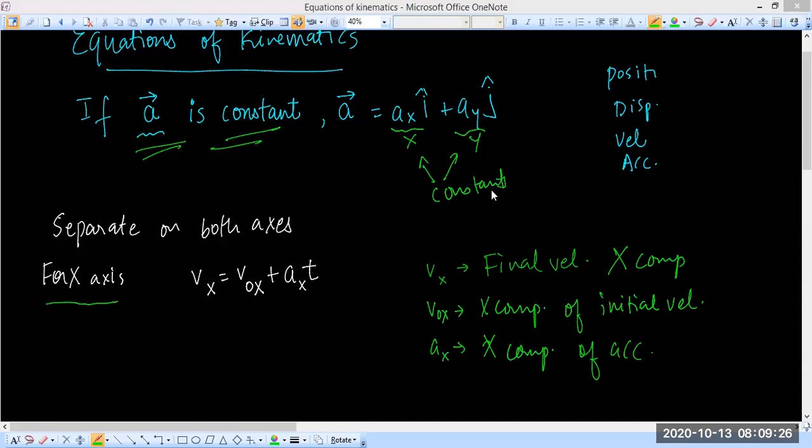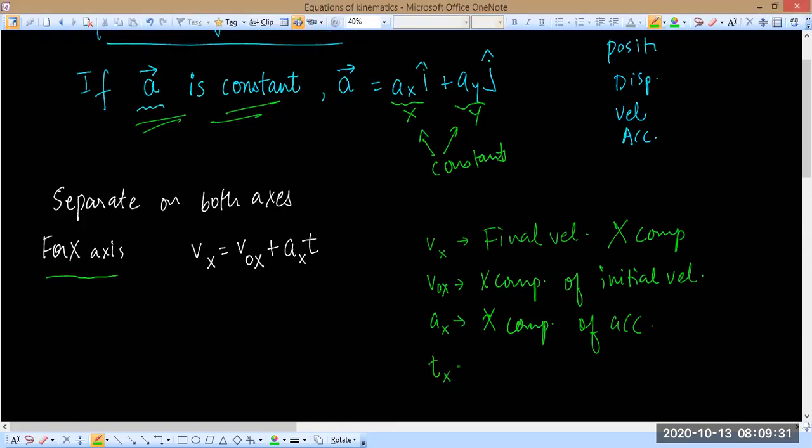And I think some of you are going to have a question. Shouldn't we write Tx? Then I'll say no. I hope you have understood why you can't write Tx, because time is a scalar. Scalars do not have components. Only vectors have components, so don't write Tx.